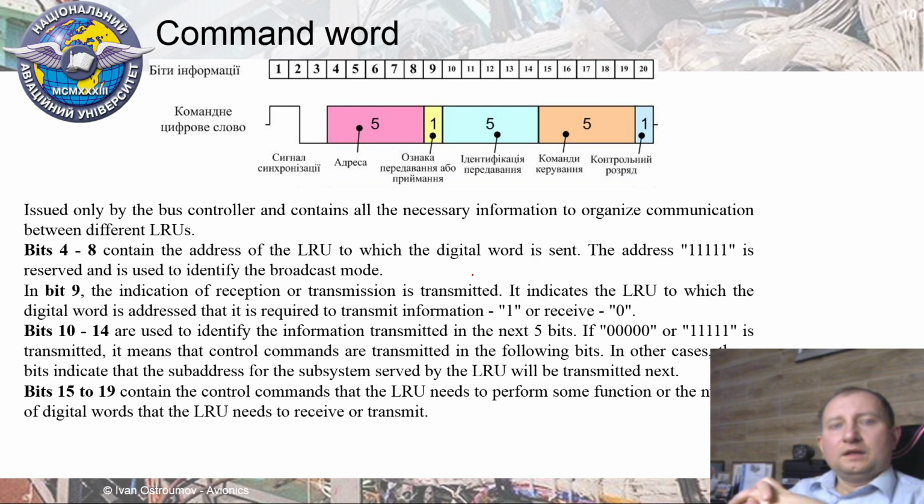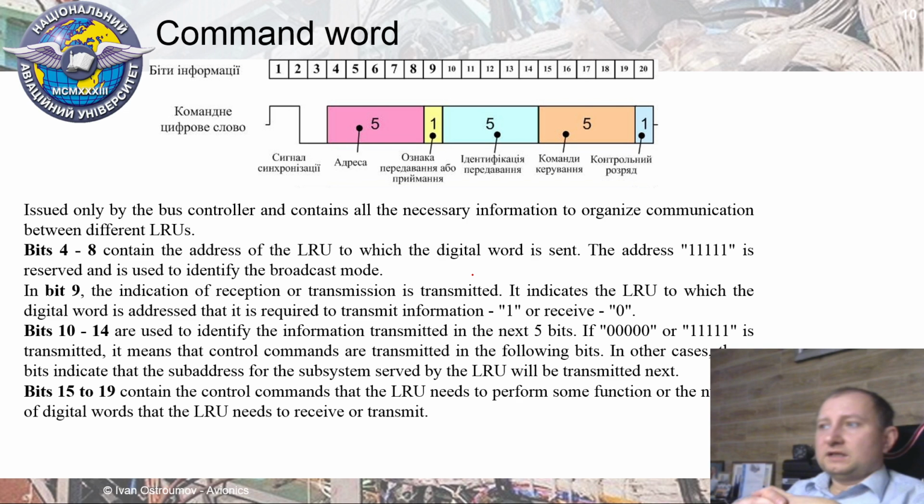In other cases, these bits indicate the sub-address of LRUs in the local network of the addressed LRU. It means that via these bits we can switch from the global to the local subnetwork of a particular LRU if it is present. And finally, the 20th bit is used as a parity control, the same as with ARINC 429.